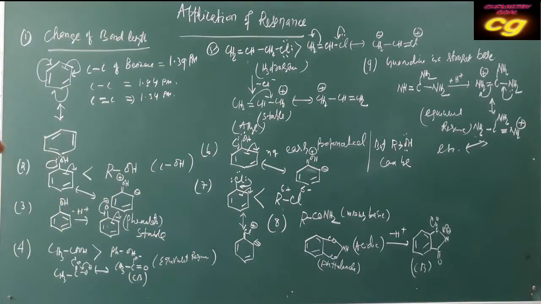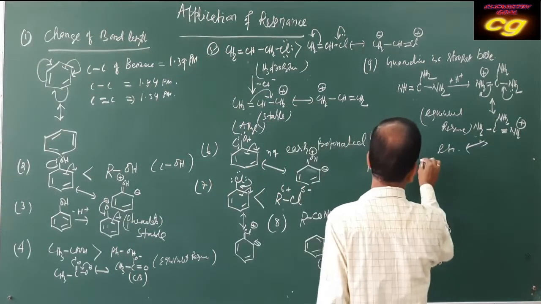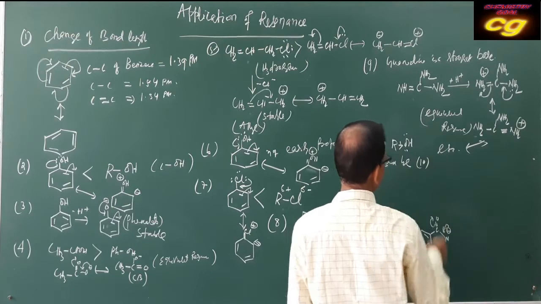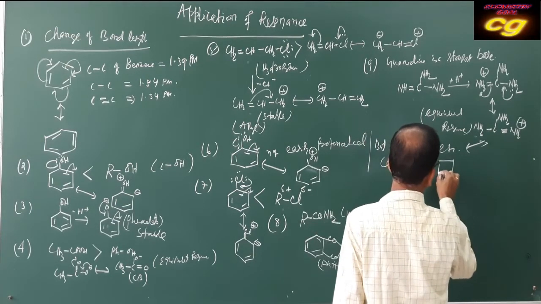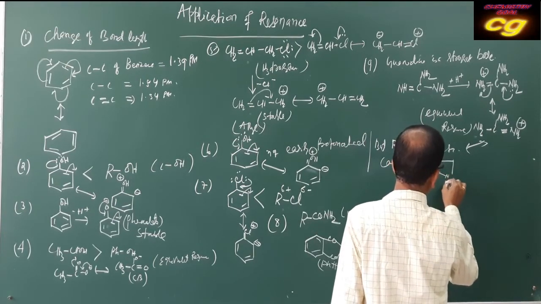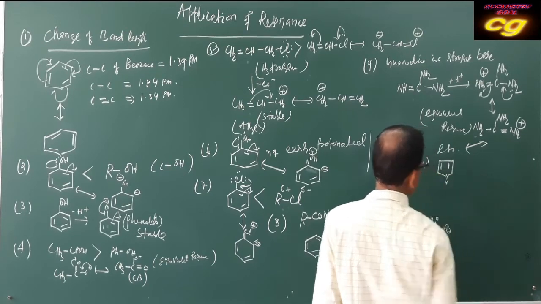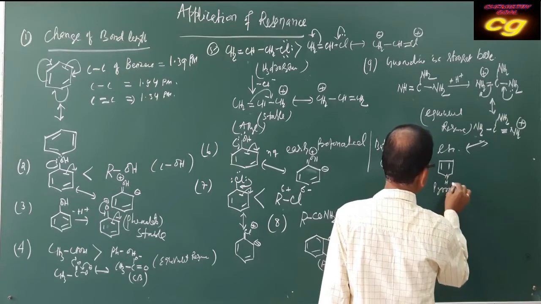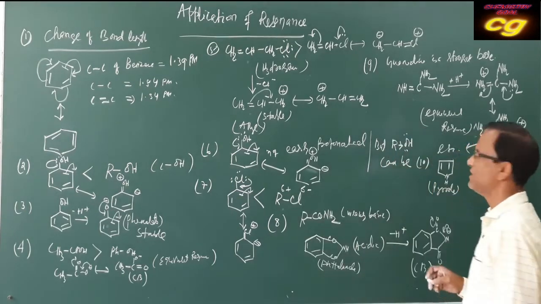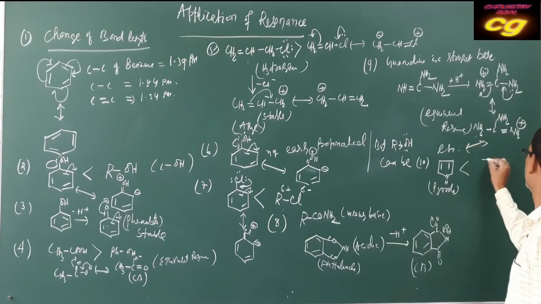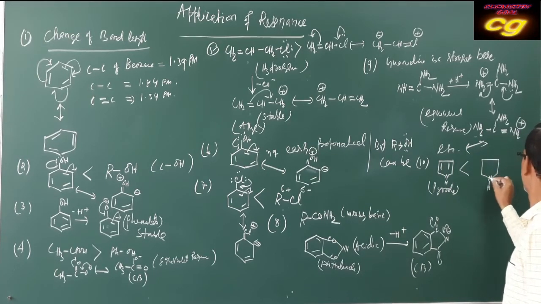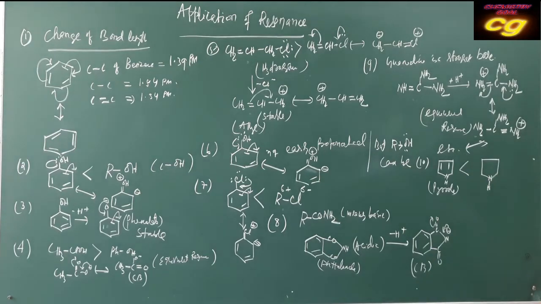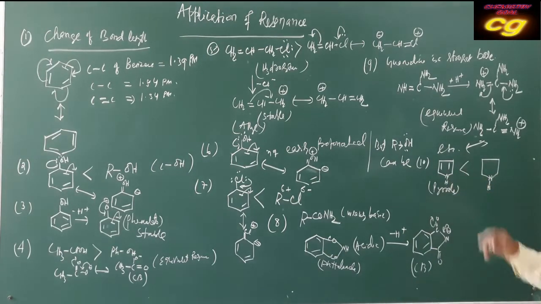This is also a very important application of resonance. If you see other structures, this is called pyrrole. Pyrrole is less basic than this compound. Why is it less basic?